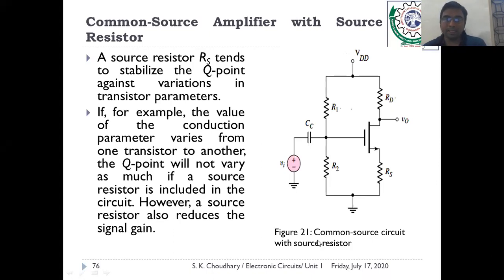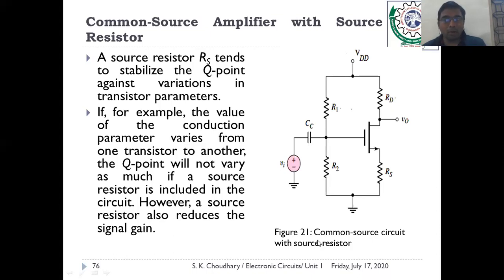So if you change the transistor, the same part number may show you a different value of the Q point. It would raise some issue regarding the reliability of the amplifier.